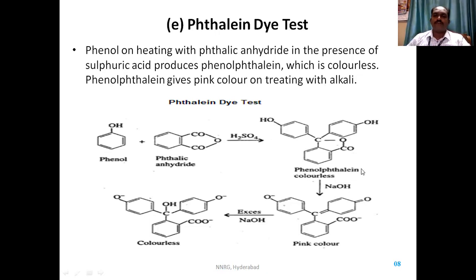When colorless phenolphthalein is treated with an alkali, it gives pink color. The formation of pink color indicates the presence of phenol. On adding excess NaOH, it turns again to colorless. This interchange of colorless to pink and pink to colorless indicates the presence of phenol.